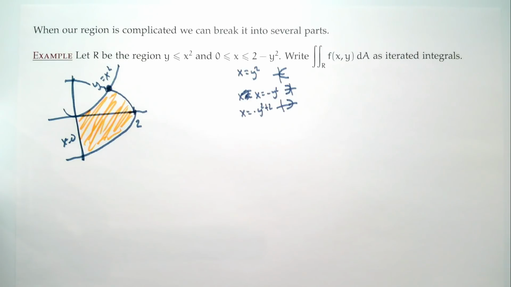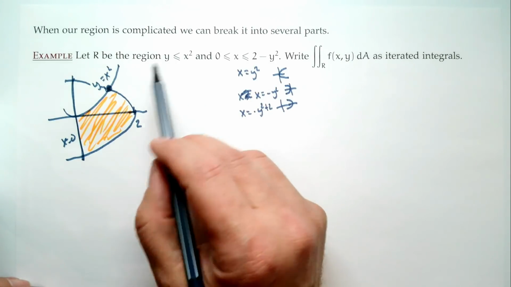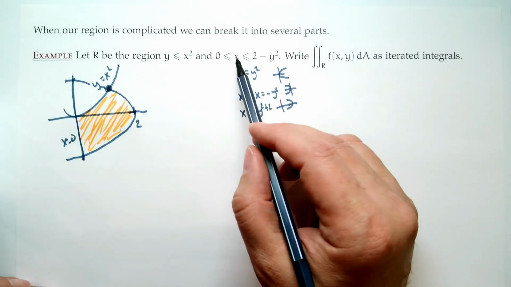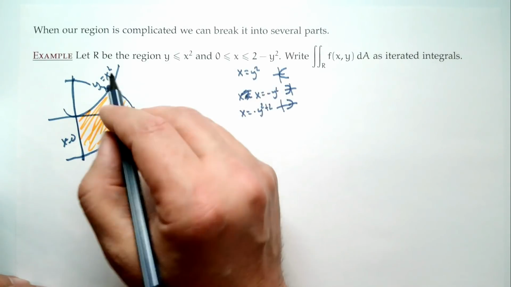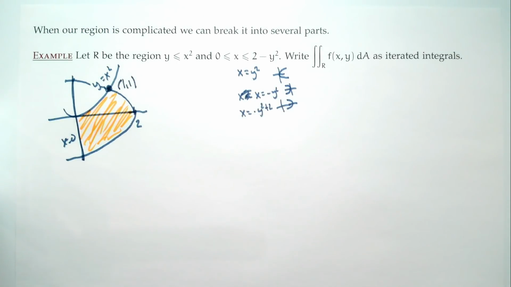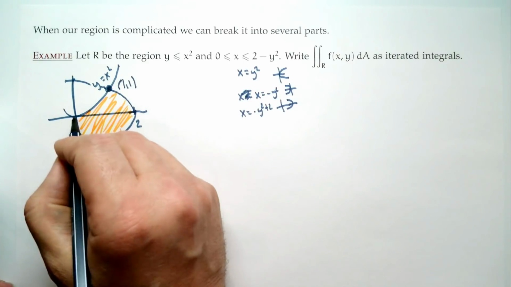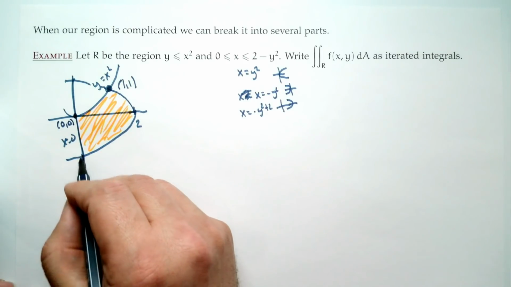The answer is, why not both? So if you check, 1, 1. Does 1 equal 1 squared? Yes, that means I'm on that parabola. Does 1 equal 2 minus 1 squared? Yeah, which means I'm on the other parabola, which means that this point is at 1, 1. It's almost like they wanted to give us a nice point. Now, the origin, that's easy to spot. That's 0, 0.